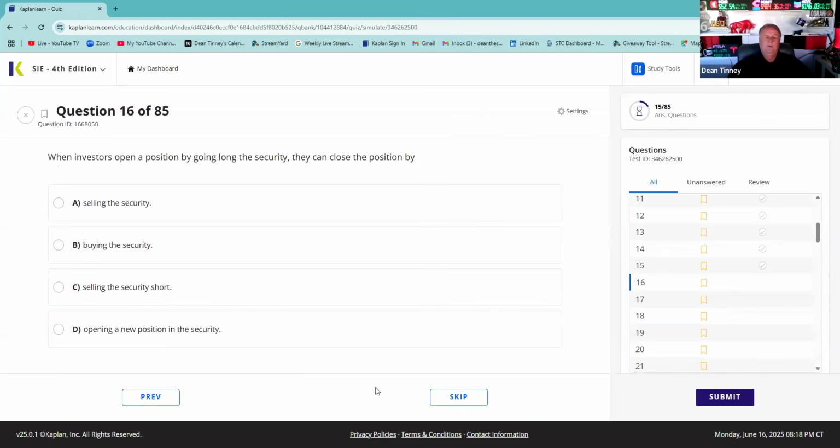When an investor opens a position by going long the security, they can close the position by... So the investor opens a position by going long. So open purchase, close sale, right? Excellent.